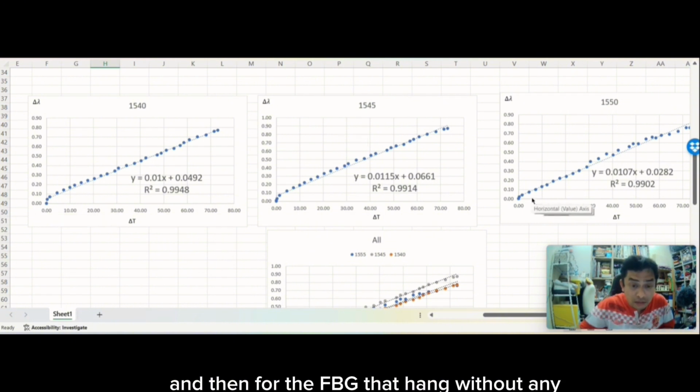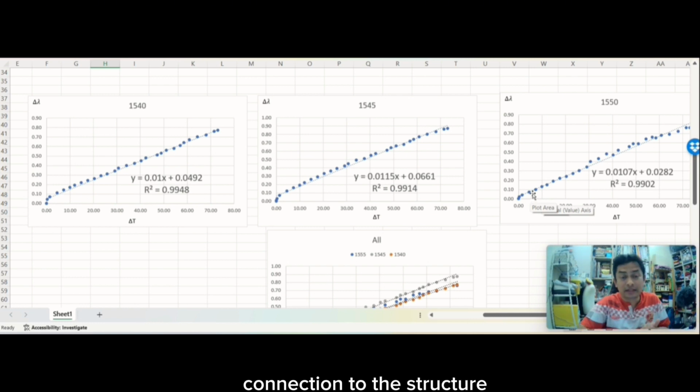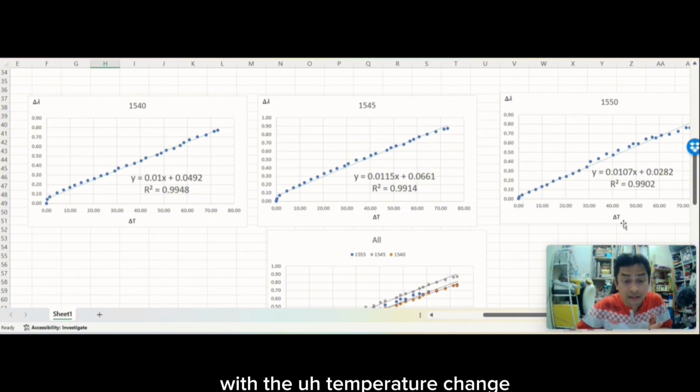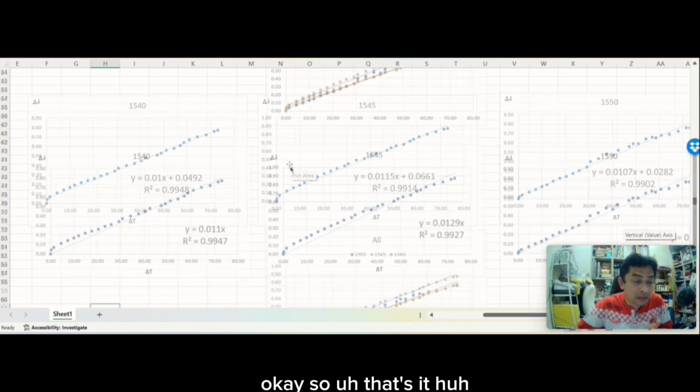The FBG that hangs without any connection to the structure doesn't have any delay. The wavelength change moves up straight away with the temperature change. This is the difference between the one that hangs and the one that is bonded to the structure.